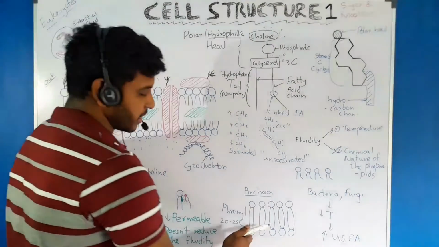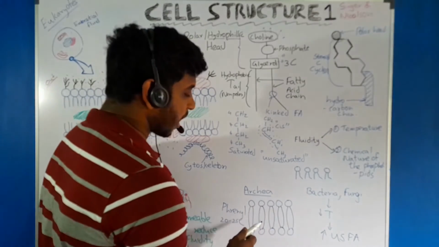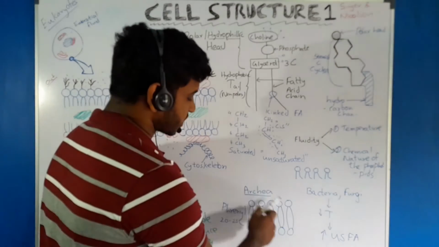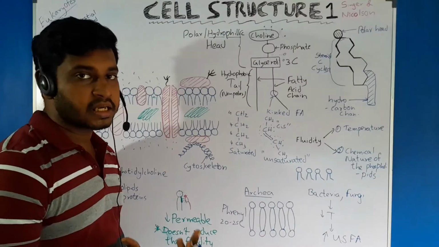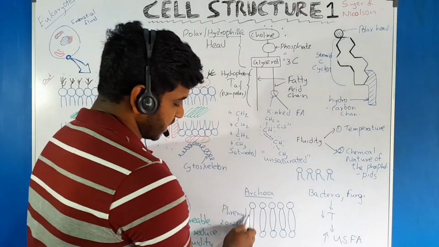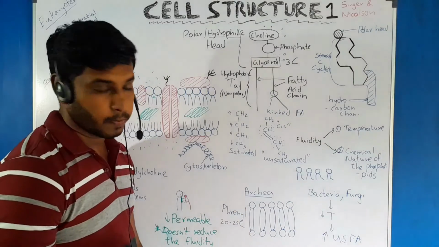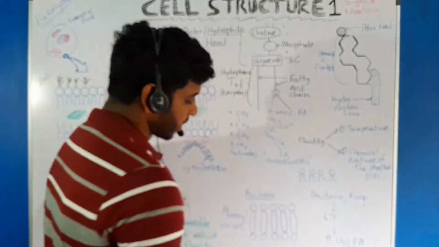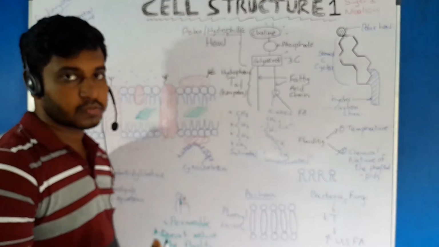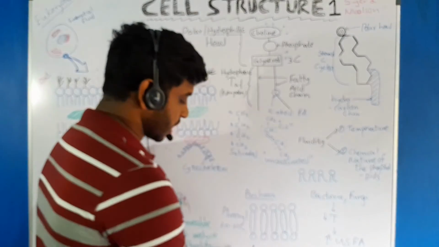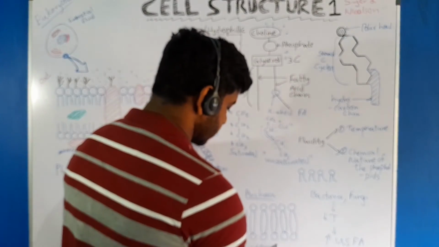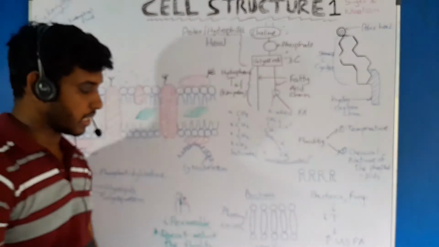But in archaebacteria, in high temperatures, the structure of the plasma membrane is maintained using this special type of phospholipid molecules. That's why archaebacteria can live in hot water springs reaching up to 100 degrees or more.